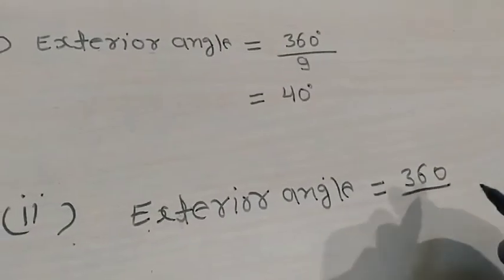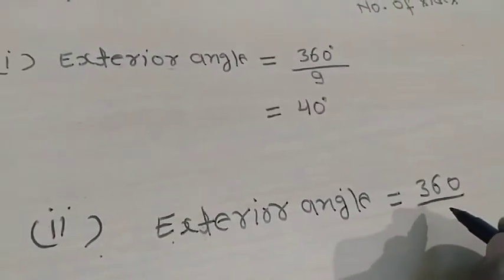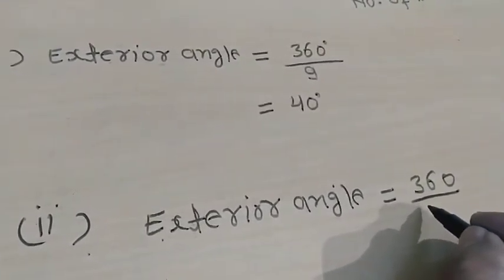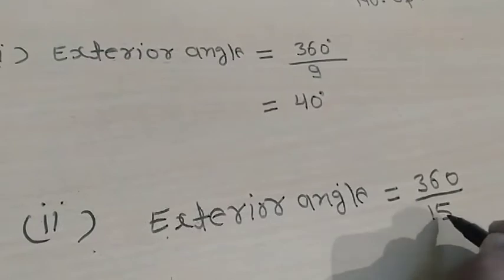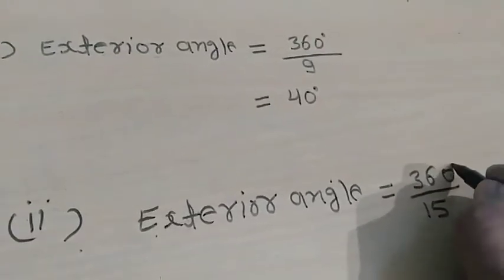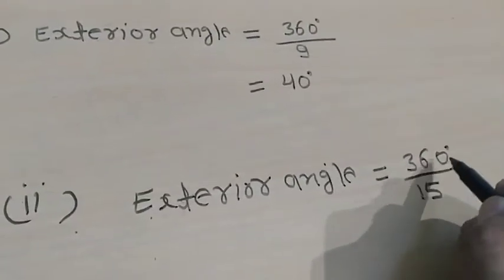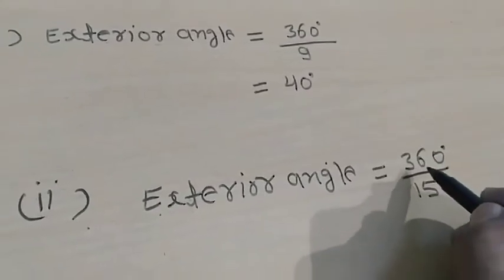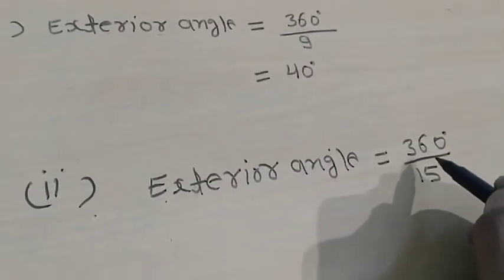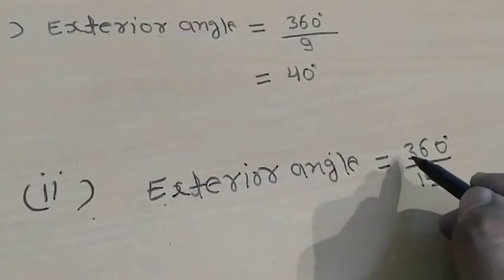Okay, 360 by number of sides, 15. Okay, you can see this 360, this is the sum of measure of all exterior angles of a polygon.